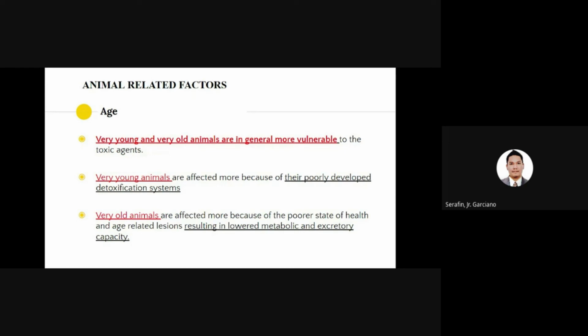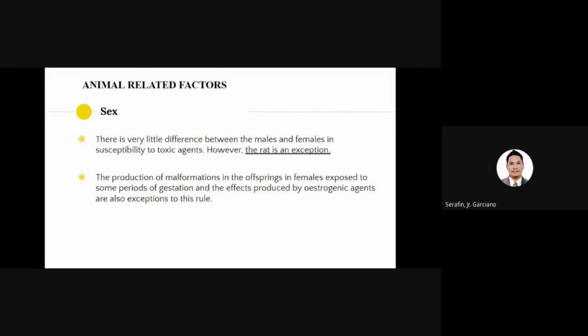So for sex, there is very little difference between males and females in susceptibility to toxicosis. However, in studies, the rat is an exception. For example, the production of malformation in the offspring of females exposed during some period of gestation, and the effect produced by oestrogenic agents, are also exceptions to these rules.